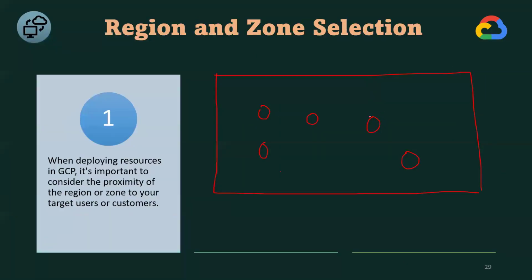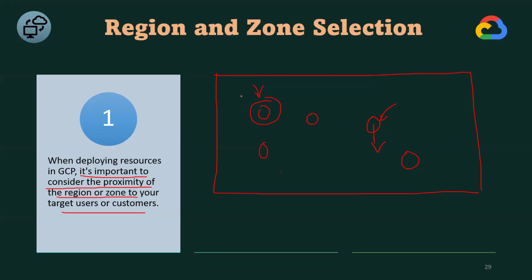Instead of deploying your resources here, if your target users are here, deploy in the Indian or Asian data centers only, so that the application is very fast, provides optimal performance, is highly available, and has very little latency. When deploying resources in GCP, it is important to consider the proximity of the region and zone to your target users or customers.